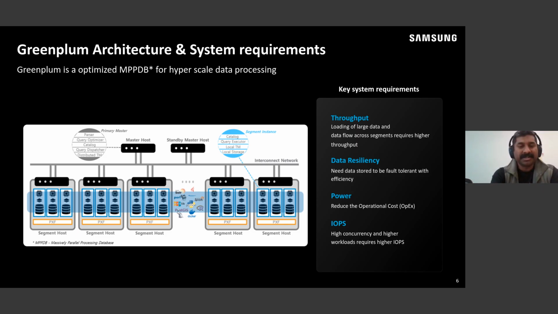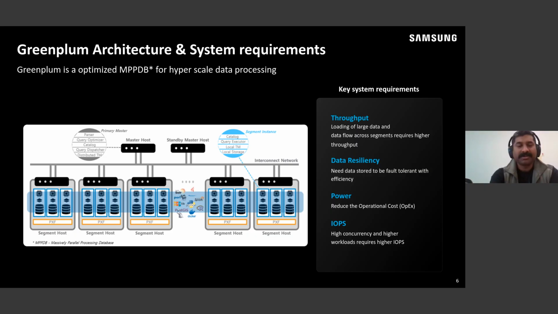So we started with the analysis of what the key enabling areas are where, from the system side, we can enable the full power of Greenplum. And we have listed a few of those items on the right side. You can see them as key system requirements.